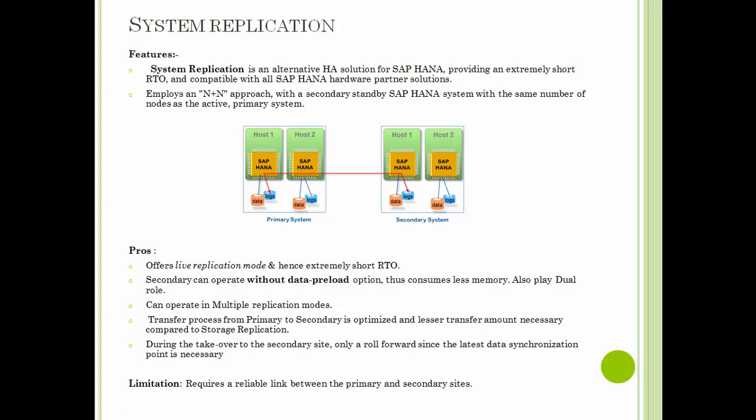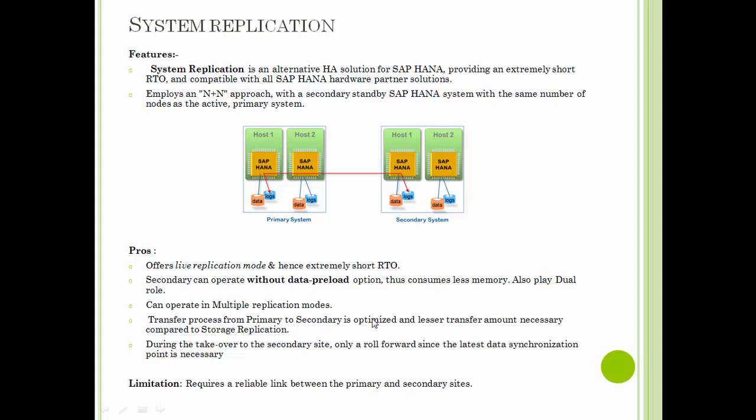If we use the without data preload option, we will not keep the memory loaded with data, but it will be empty, and that memory can be used for dual purposes, as a dual role. You can set the secondary system as a quality or a development system, and in case of failure you can change the role of the secondary from QA or dev and recover the operations.